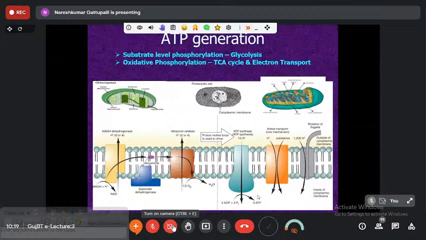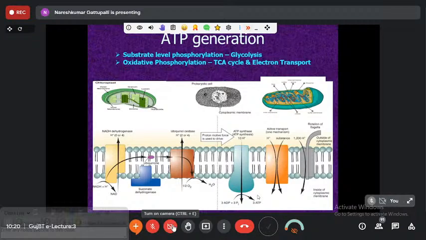So glucose getting converted into pyruvate becomes a very important step in the generation of ATP. This is what we call substrate level phosphorylation. Then we have the other process where pyruvate is converted into carbon dioxide, through the TCA cycle and electron transport. This is what we call oxidative phosphorylation.